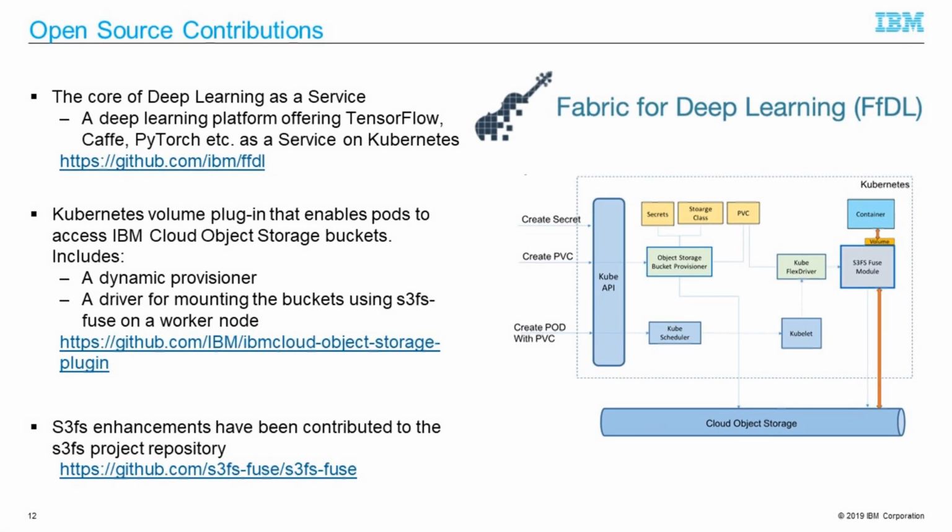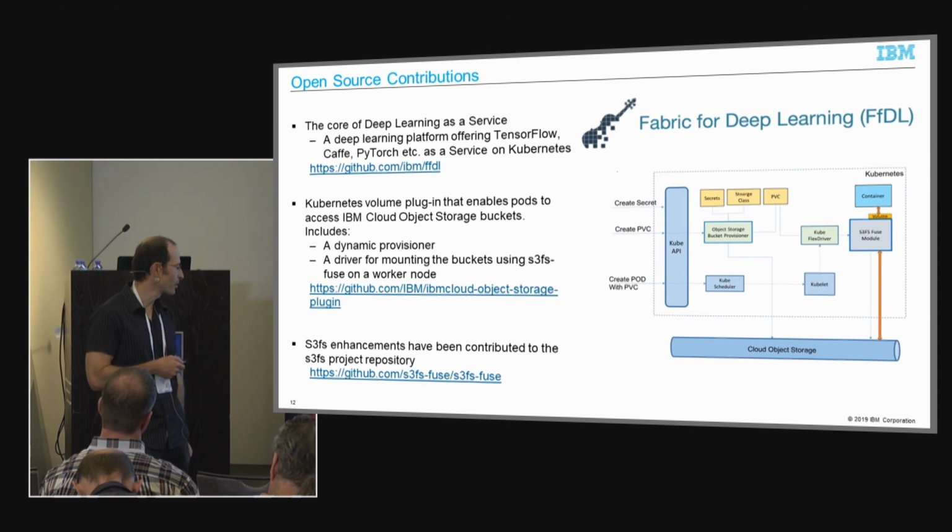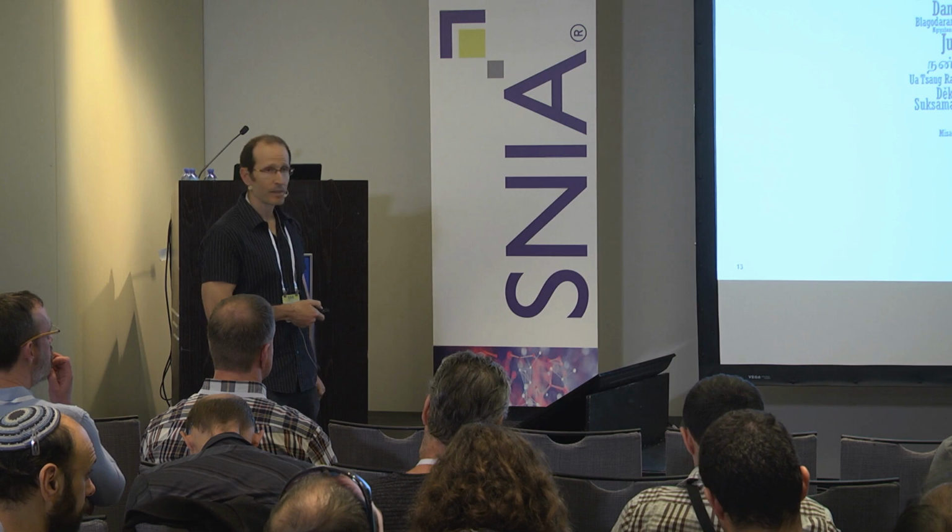We contributed a driver for Kubernetes to bring up the S3FS process and do the mounting. And that's also available in GitHub in a slightly different project. And we contributed enhancements to S3FS itself, which is an open source project, into the S3FS GitHub. And thank you.